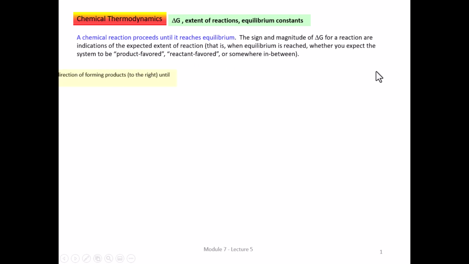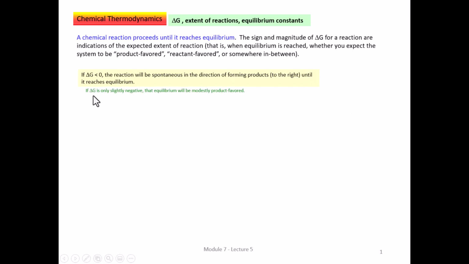Now recall we said before that when deltaG, the free energy change, is negative, the reaction will be spontaneous in the direction of forming products, that is, from left to right until it reaches equilibrium.